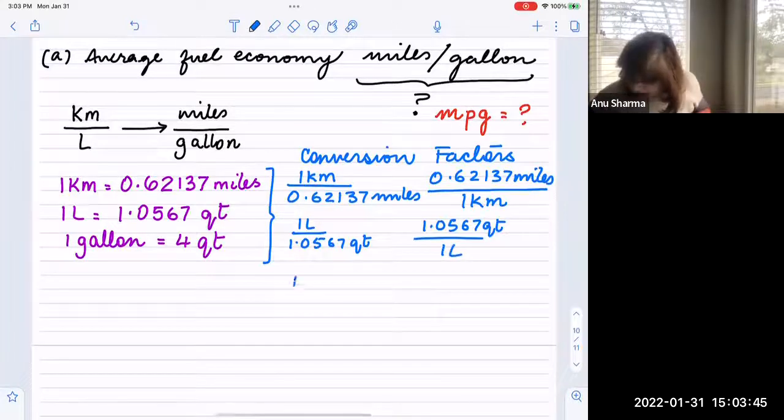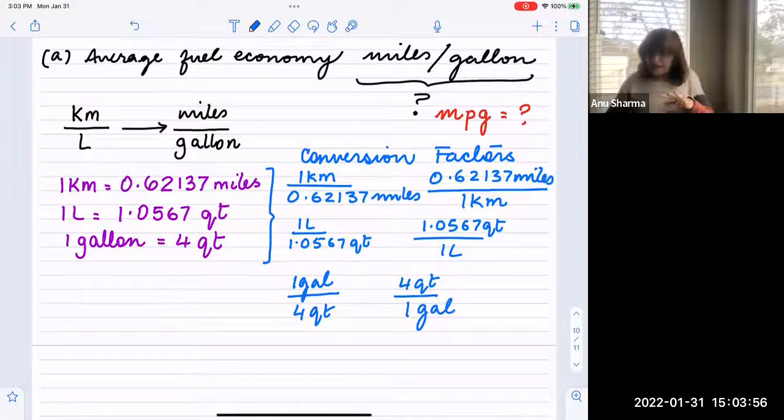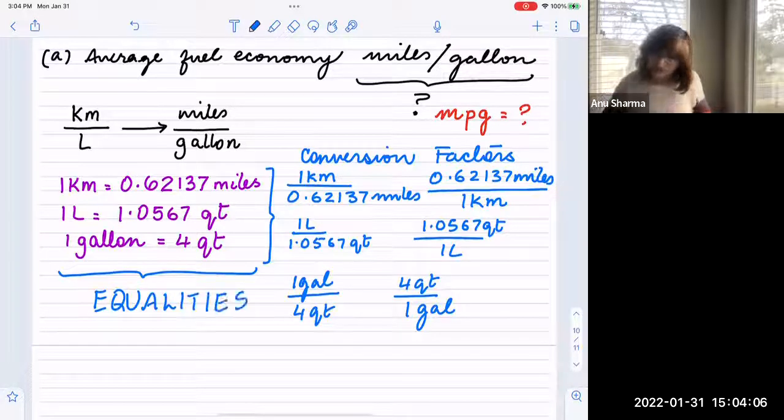Okay, the other one is 1 gallon over 4 quarts, or 4 quarts over 1 gallon. So these are the equalities which will be given to you, or you can make a note of these in your notes or whatever works for you.